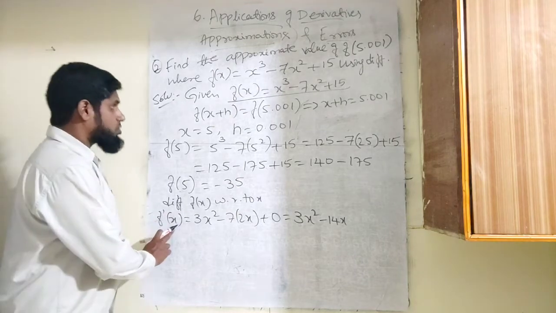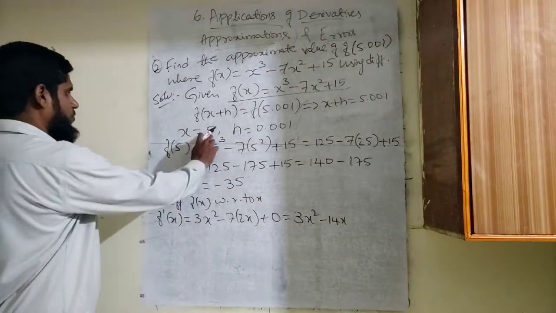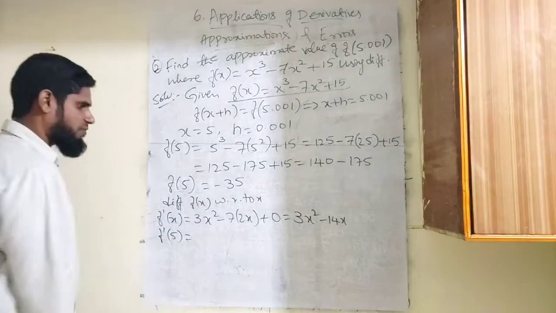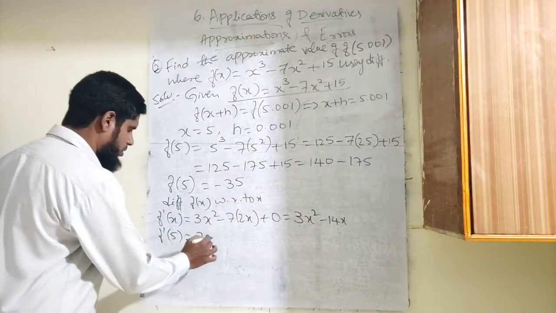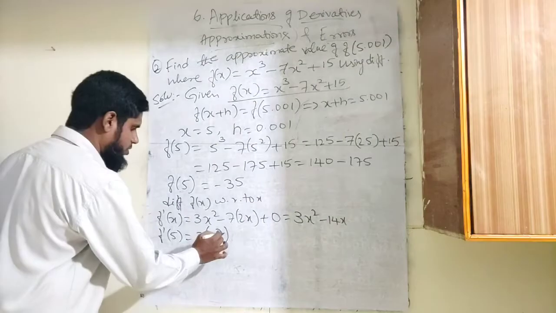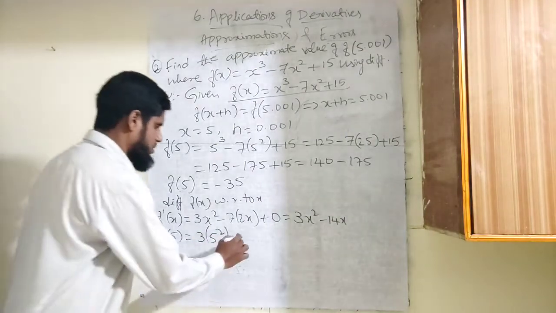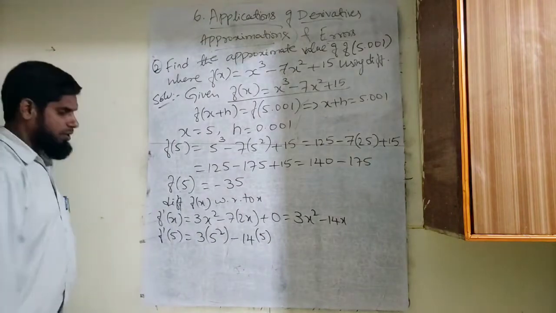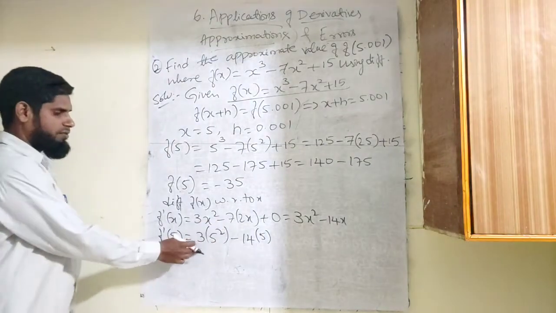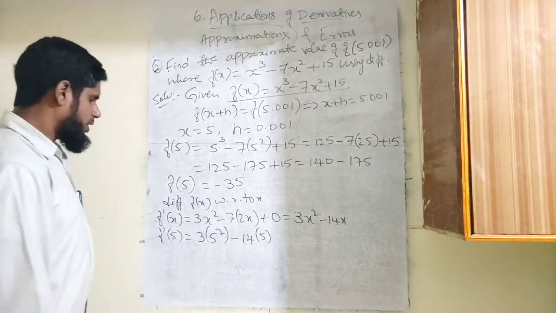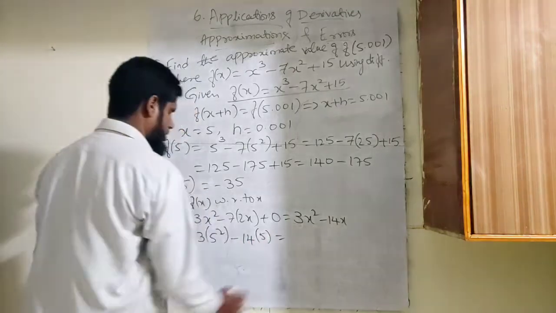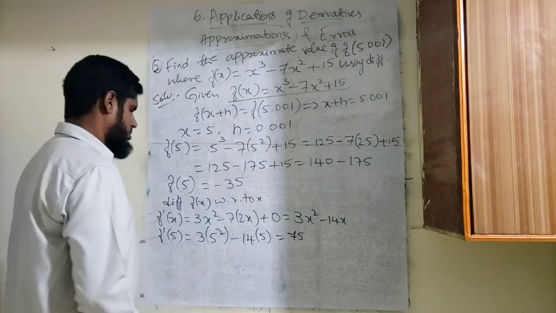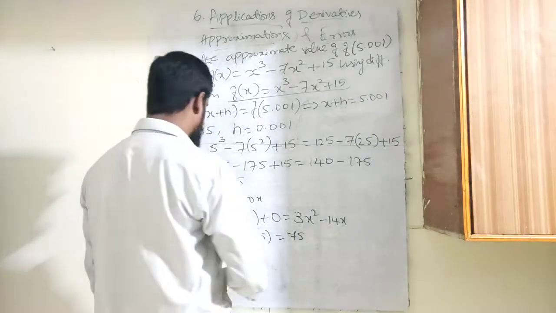At x is equal to what? x is equal to 5. f dash of 5 is equal to 3 into 5 square minus 14 into 5. 5 square is 25 into 3, it is 75.